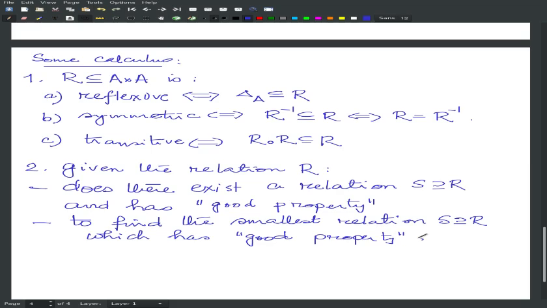And we will see that there is a pattern in every quest. We are asking almost similar things. Here it is quite concretely we are asking whether there exists a relation larger than R, and the smallest one, which is larger than R and has the good property.